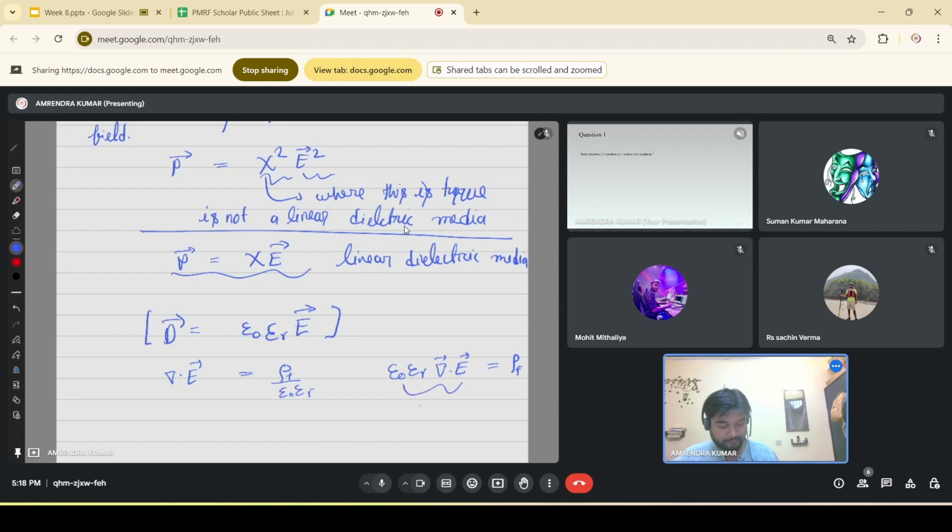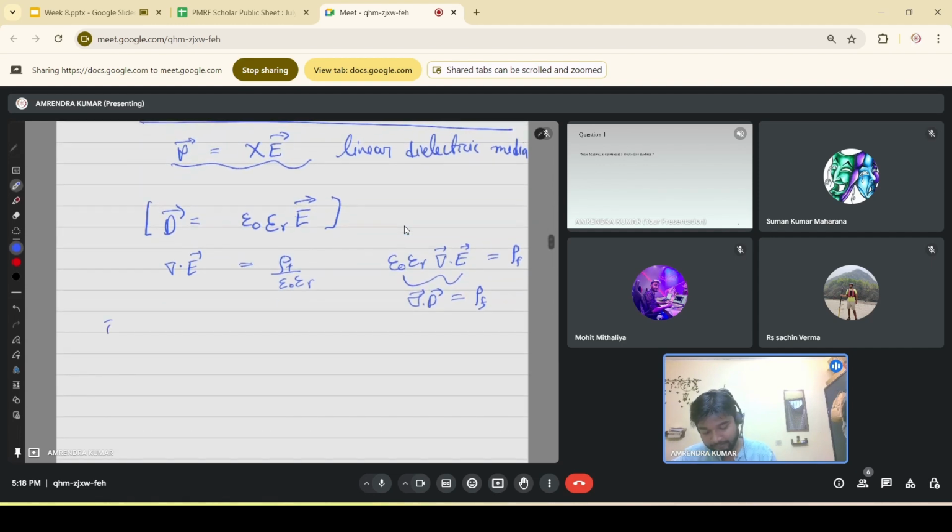This is given as del dot D equal to rho_f. So the first equation is del dot D equal to rho_f, and the second equation remains the same: del dot B is 0.